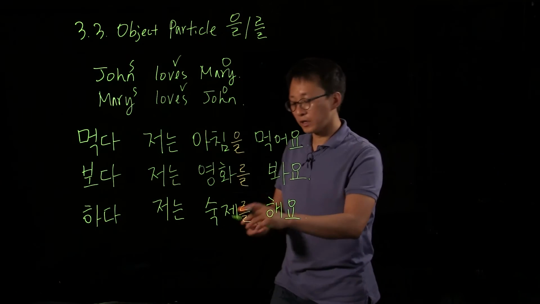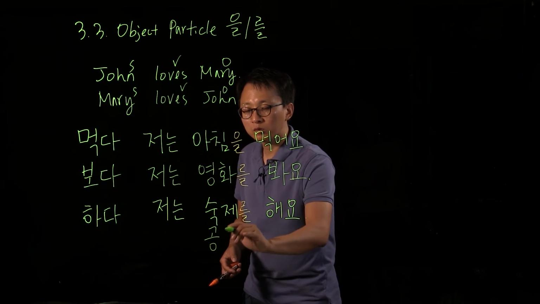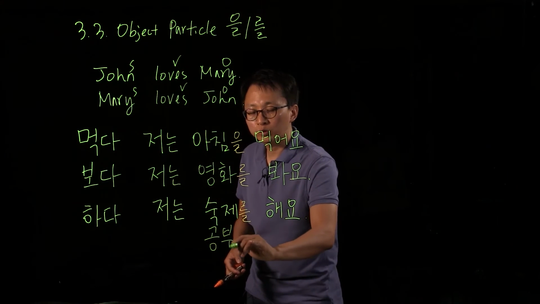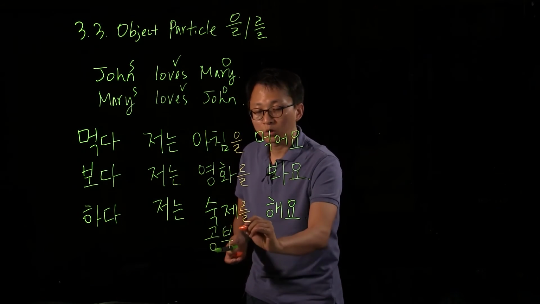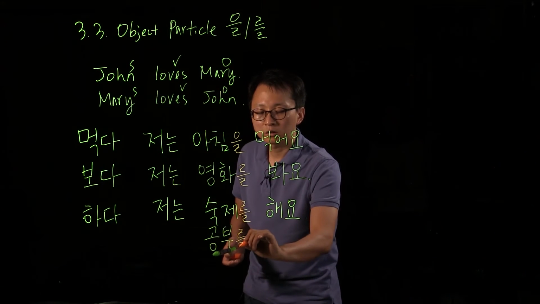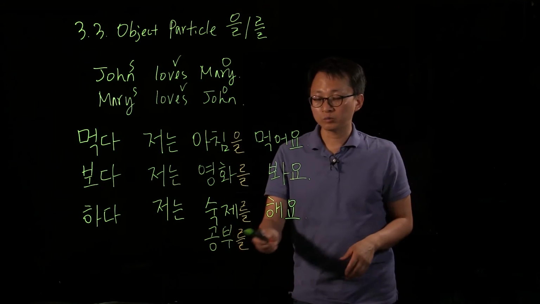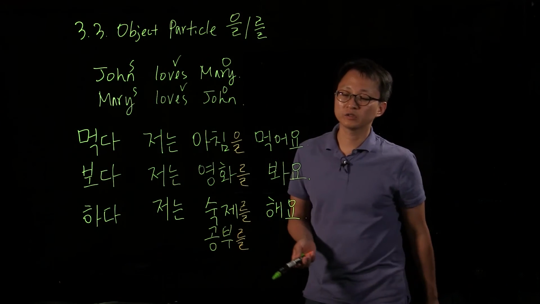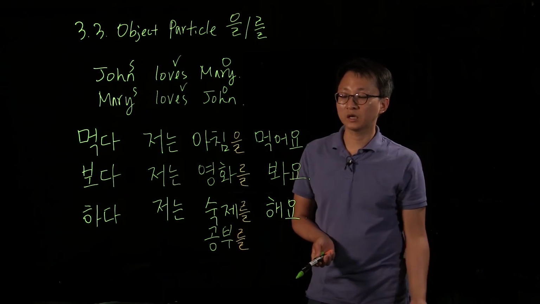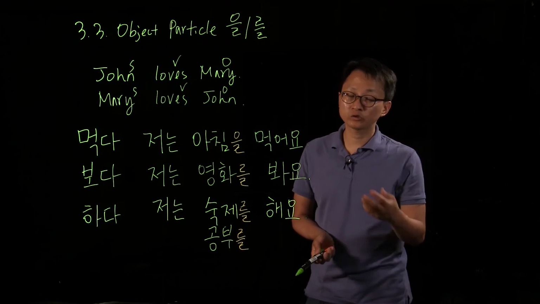Same way, 저는 공부를 해요. 공부 means study. So 공부를 해요. So many Korean verbs, noun plus 하다, originally came from like this. 숙제하다, 숙제를 하다. 공부하다, 공부를 하다. 수영하다, 수영을 하다.